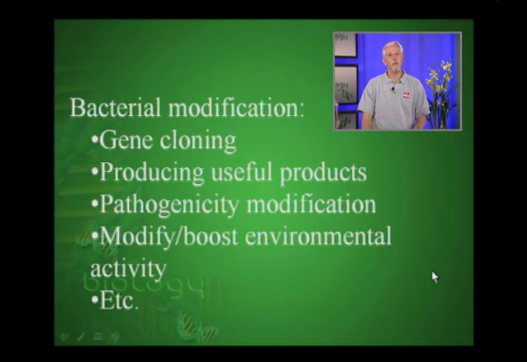So then the question is, well, why do we want to modify genes? Why modify bacteria, for example? And again, there are a number of reasons. One is for gene cloning. We may want a cell to make copies of genes for us so that we can modify other cells. But also we can modify bacteria to produce products that are useful to us. For example, we can insert a human gene into a bacterium, get it to express that gene, and it will produce that human protein for us.